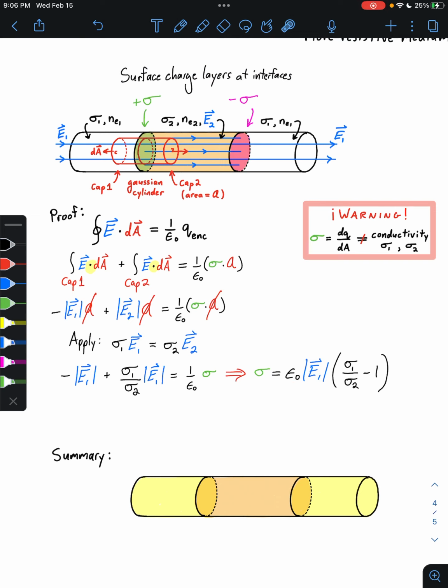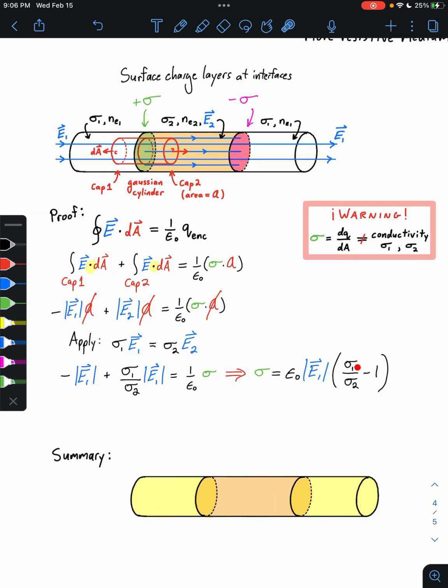So examining what we have here, it looks like if the two materials were identical, so same conductivities, then this would be a 1 minus 1 would be 0, and there would be no layer. Okay, that's consistent with what we already know. If conductivity is uniform, then there should not be any surface charge layer inside the conductor.